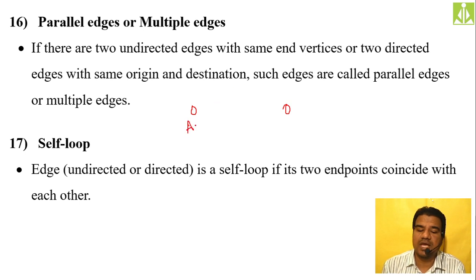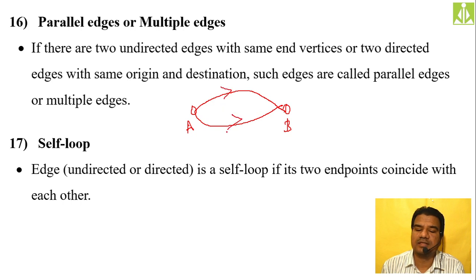So let us suppose this is A and this is B, and you have one edge going from A to B like this, and another edge going from A to B only like this. So now these two edges are parallel to each other, or these two edges are multiple edges, because we have more than one link between A and B.